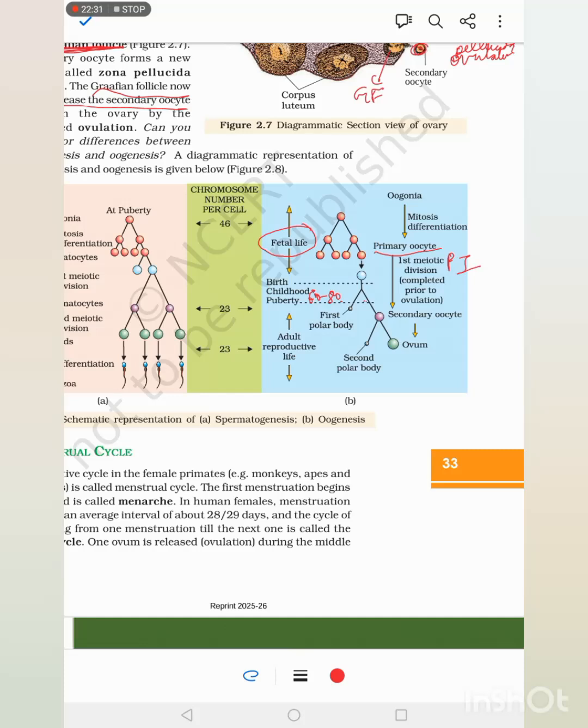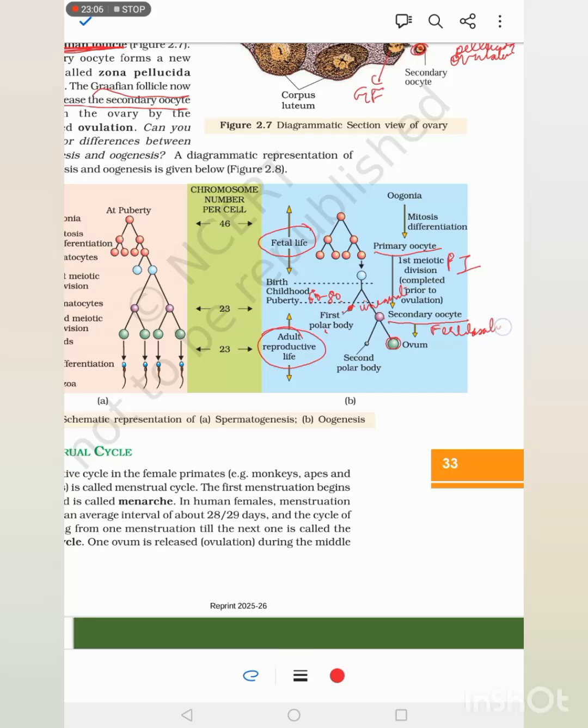Then they undergo the first meiotic division, with unequal parts, giving the secondary oocyte and the first polar body. The polar body has very little cytoplasm, so it doesn't differentiate further. The secondary oocyte again undergoes meiosis 2 to form the ovum, and this occurs in adult reproductive life, that means after fertilization.